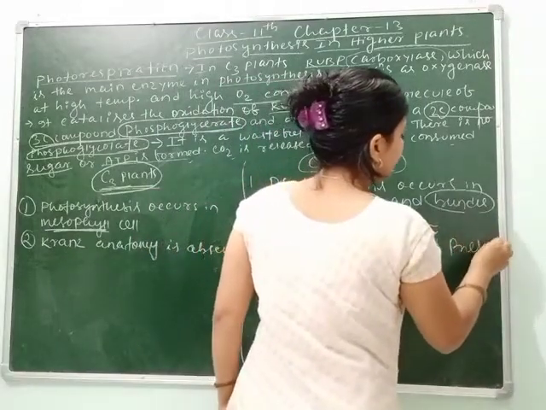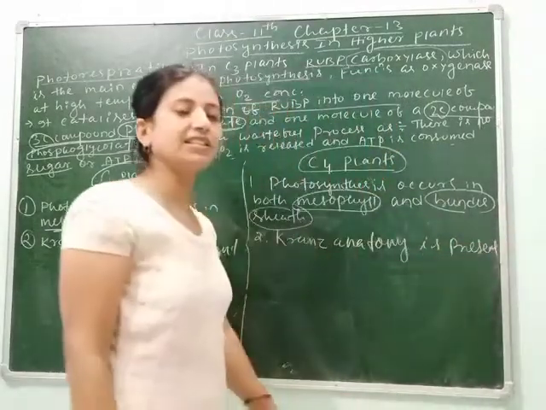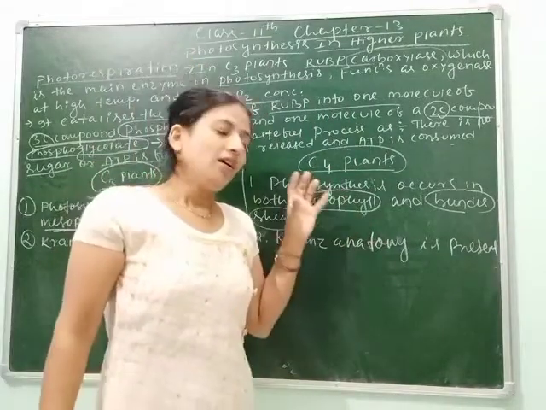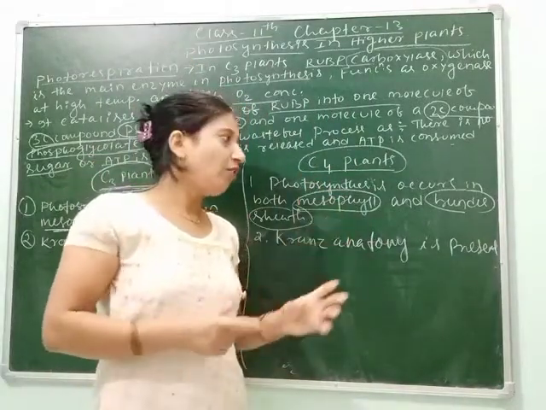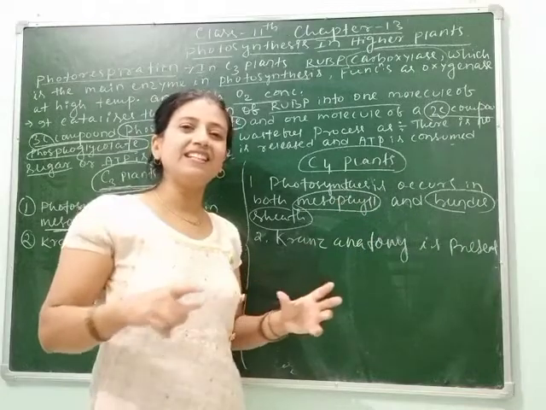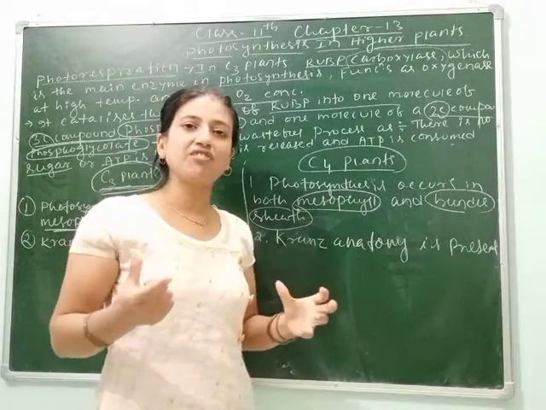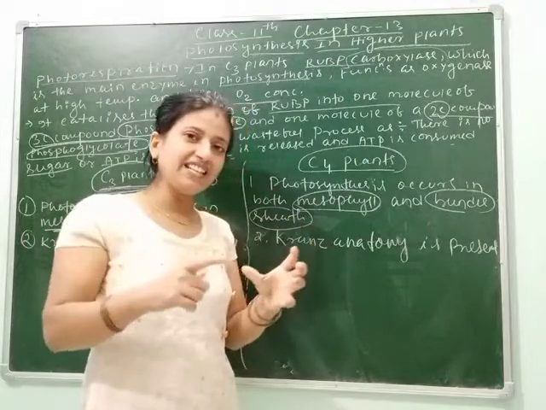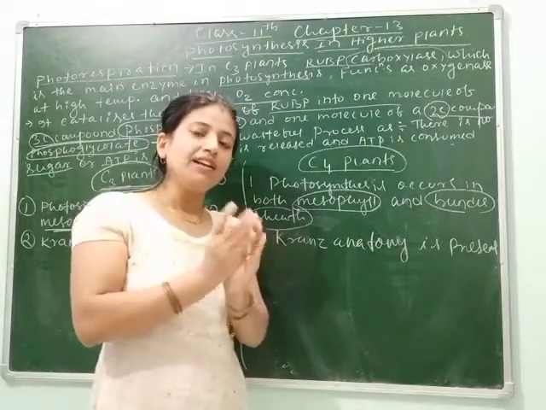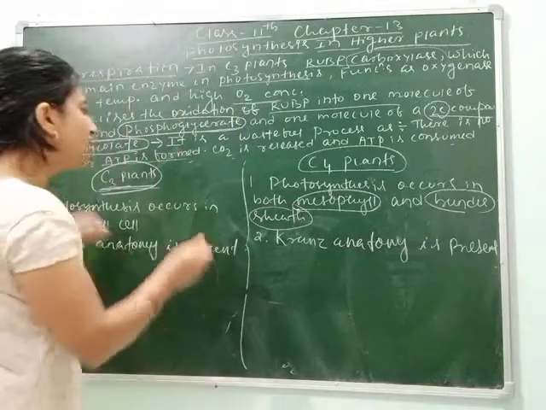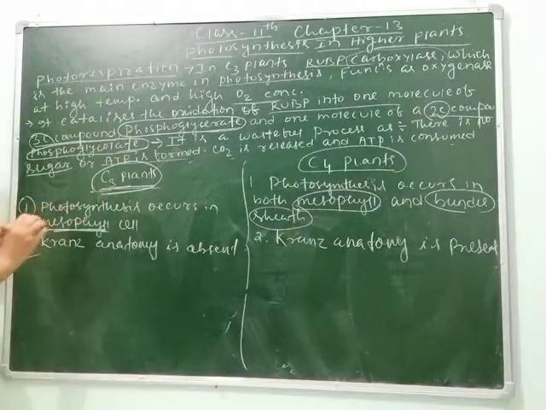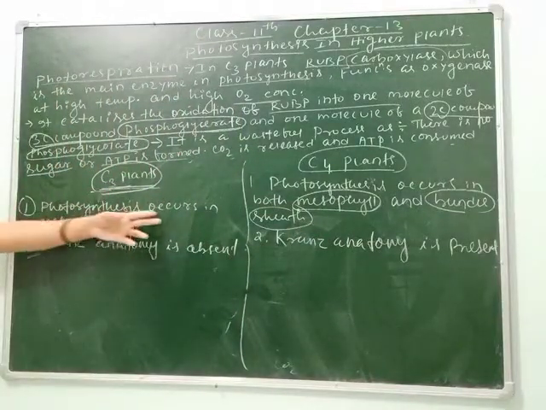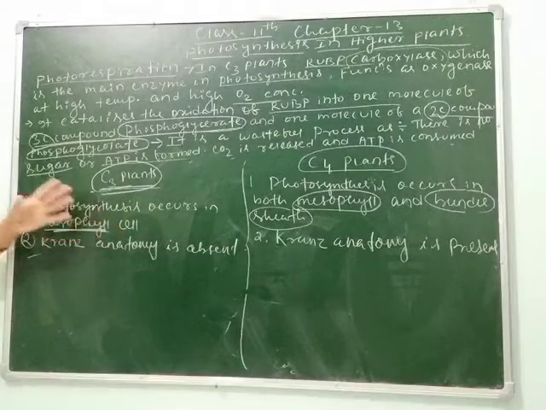You know about Kranz anatomy. Kranz anatomy is only seen in C4 plants around the bundle sheath cells. They are arranged like a wreath, with cells having no intercellular space. So the cells are arranged very close to each other, leaving no intercellular space. So in C3 plants, Kranz anatomy is absent, whereas in C4 plants, Kranz anatomy is present.